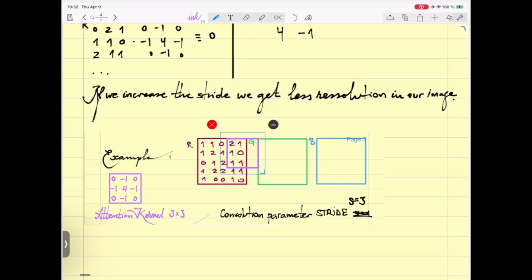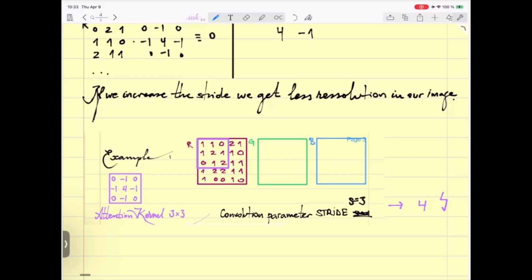And then I go 3 down and I'm out of bounds again, and I go 3 again and I'm out of town, so no problem. I would only get a single result, we would just get one number. And this is certainly a problem, okay?